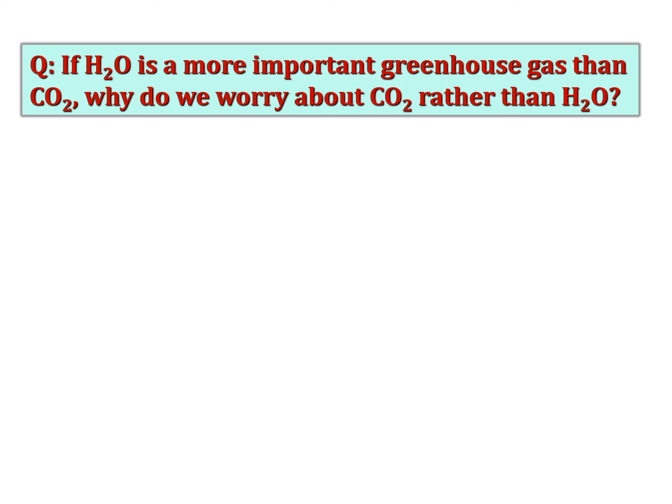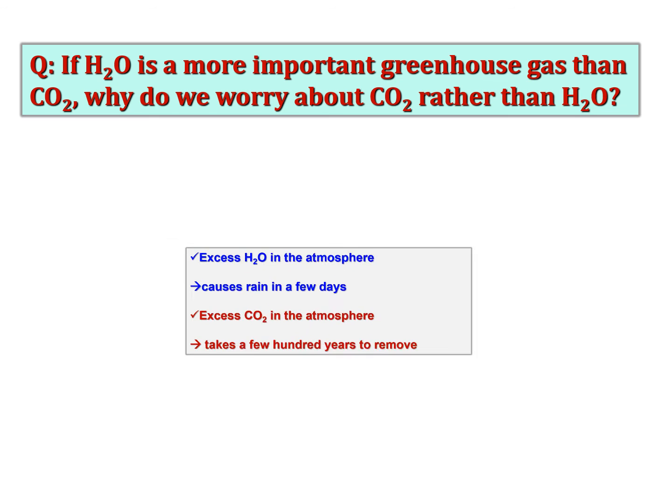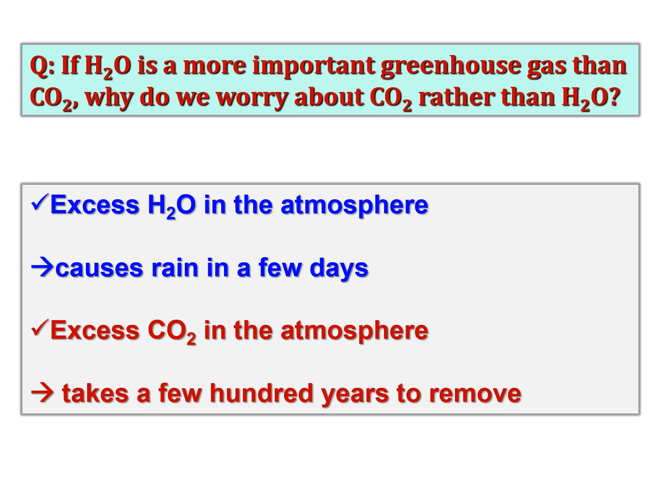So we don't need to worry about water vapor. How about CO2? If you want to remove CO2 from the air, you need more than 100 years. That is a problem.